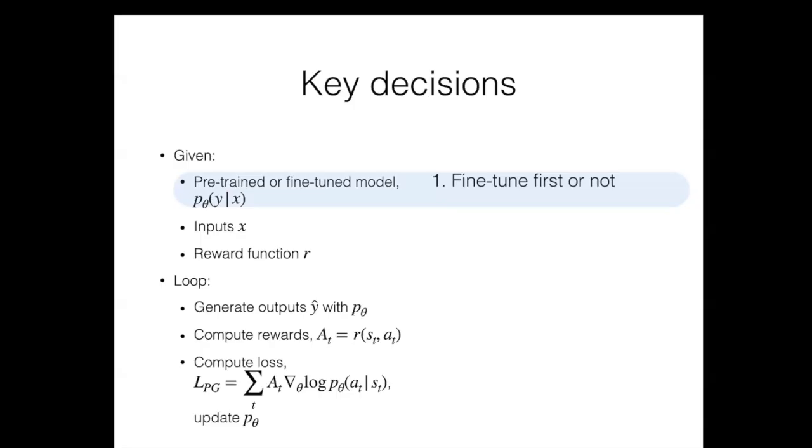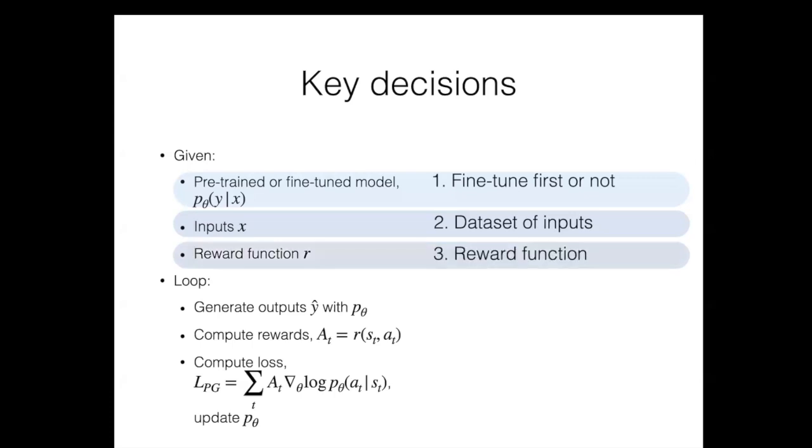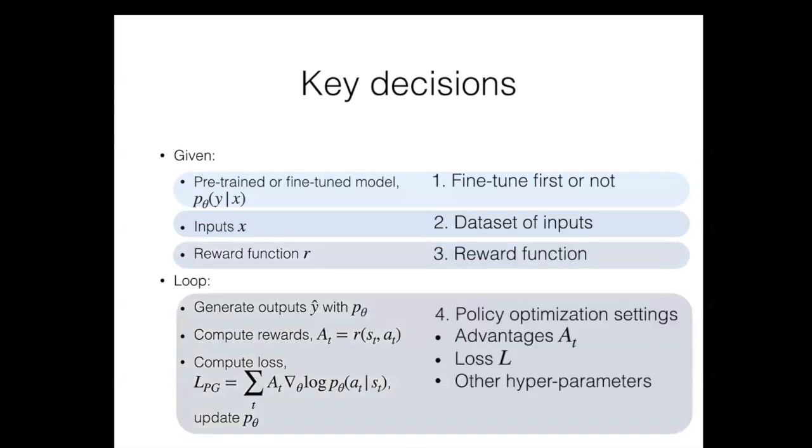What are the trade-offs and the requirements? Then, as I mentioned, you have to figure out what data set of inputs you're running this reinforcement learning on. Let's say you're trying to solve math problems, then which set of problems are you running reinforcement learning on? Again, what is your reward function?